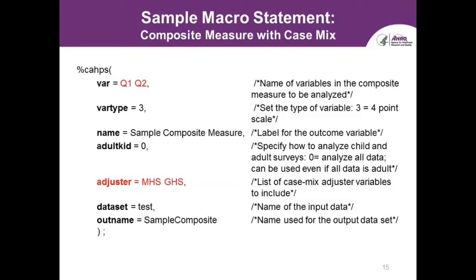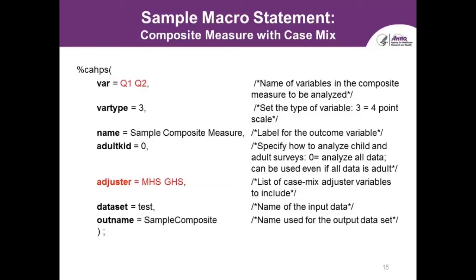I've named it again, sample composite measure. Adult kid, here I'm showing 0, it's analyzing all data. And then the new line is adjuster. This tells it I'm going to case mix adjust the output. And for this example, I have just two case mix adjustment variables, mental health status and general health status. Then again, we have the data set name and the output name.